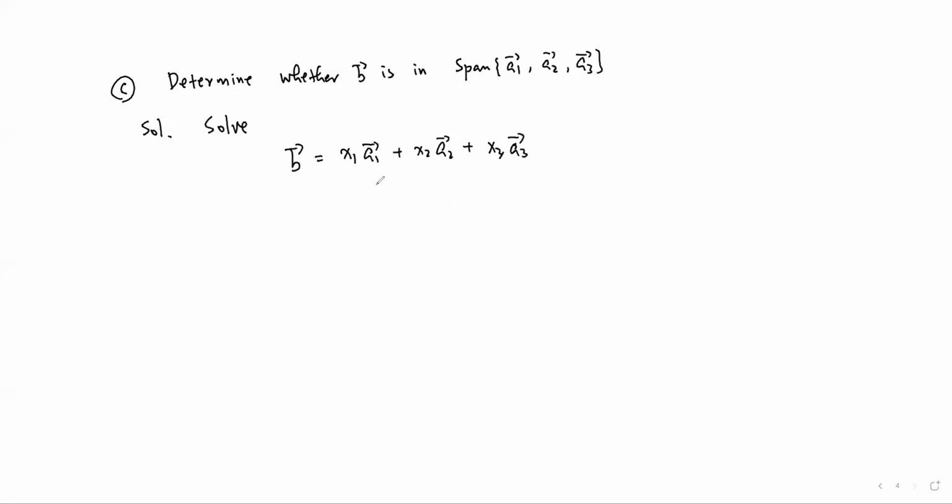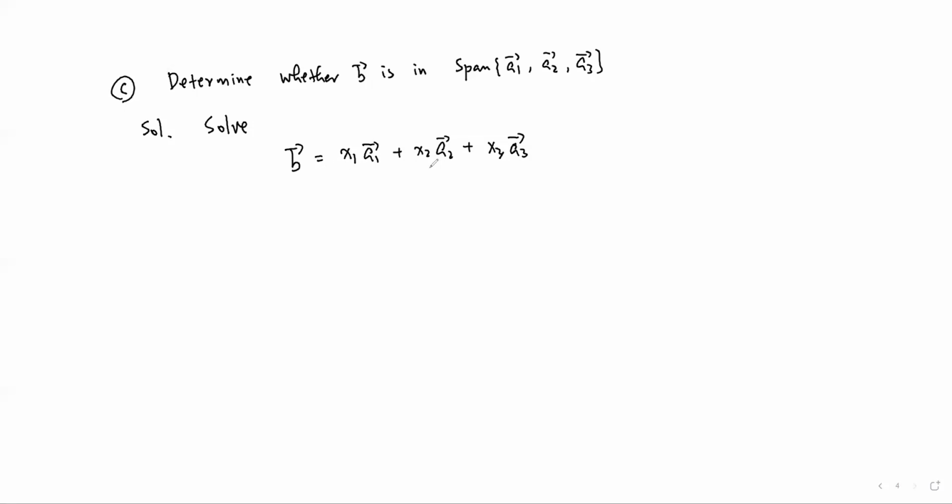If we can determine scalars X1, X2, X3, then B is a linear combination of A1, A2, A3. If this equation has no solution, then B is not a linear combination of those three vectors. Okay, now I solve this vector equation. A vector equation actually is a linear system.